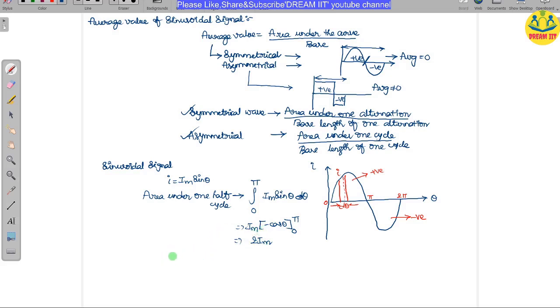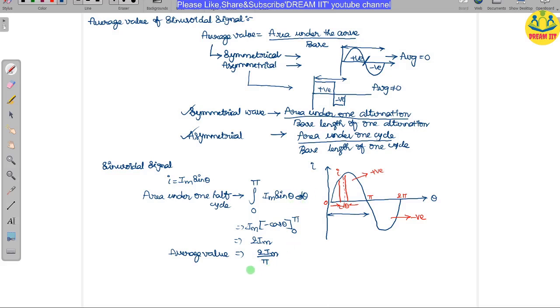The average value, by the definition, is the area under one half cycle divided by the base length of one half cycle. The area under the half cycle we got as 2 Im. The base length is pi, as you can observe here.